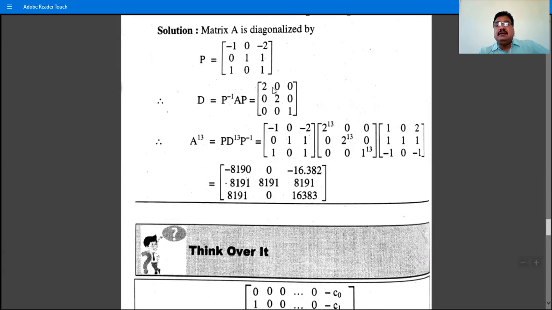D raised to 13 is this matrix: 2 raised to 13, 2 raised to 13, 1 raised to 13. If D is a diagonal matrix, then D raised to 13 is just the 13th powers of the diagonal elements. Then find P inverse. This is the P inverse, and the multiplication of these three is this. So this is A raised to 13.